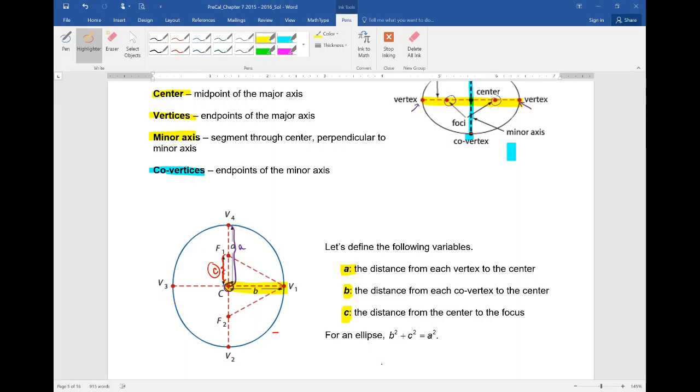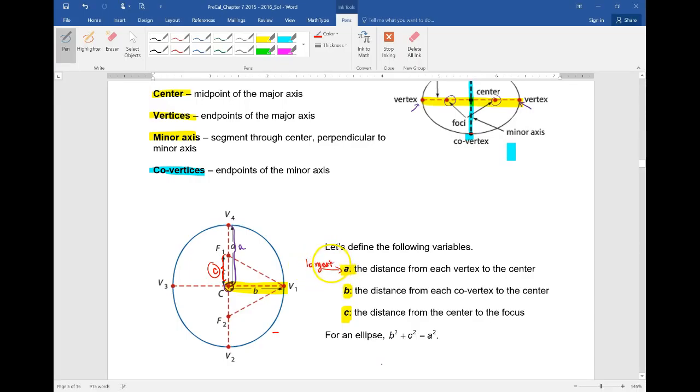Now, looking at the ellipse, whether it's this ellipse here or this ellipse up there, which one of A, B, or C is the largest distance? A is the largest distance, because it goes the furthest out from the center.